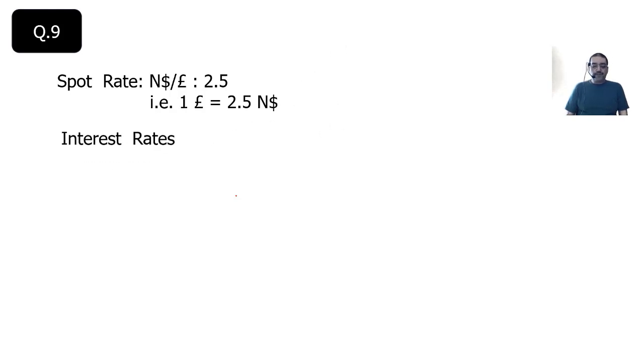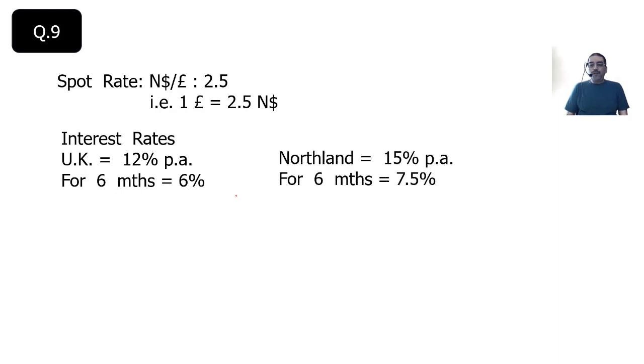Interest rates: UK interest rate is 12% per annum, so for 6 months it will be 6%. Northland it is 15% per annum, so for 6 months it will be 7.5%. For the 6-month forward rate, 1 pound is going to increase by 6%, so 1 plus 6% gives 1.06.